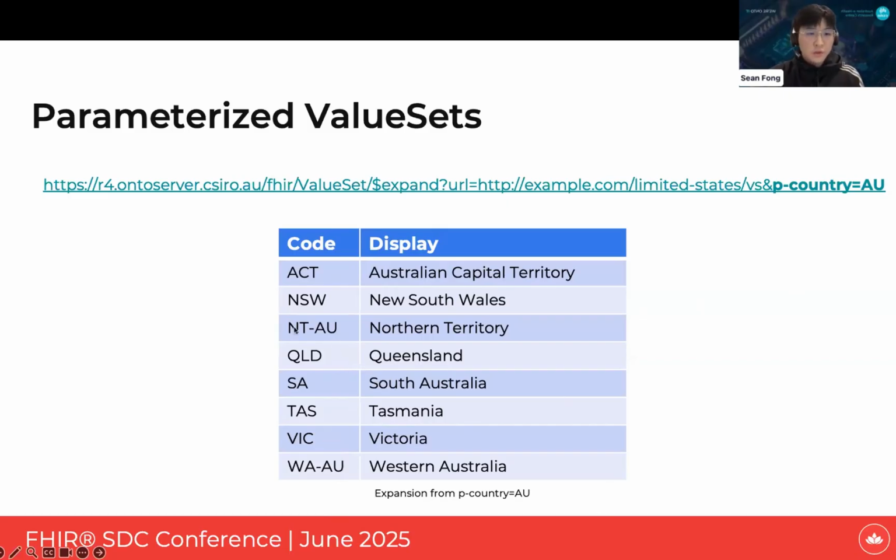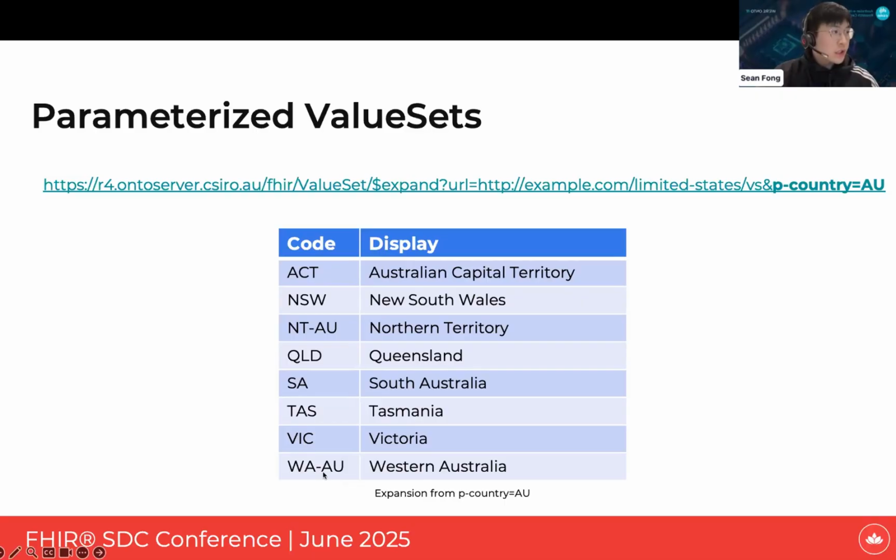So, for example, the Northern Territory in Australia has NT, which clashes with Canada's Northwest Territories, which is also NT. So we kind of need to work around this issue by appending the country code behind it. And this is really not a questionnaire thing. This is really up to the terminology developer to develop their code systems and value sets to ensure everything works fine.